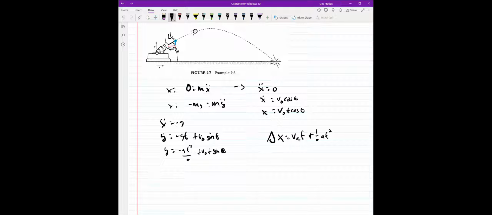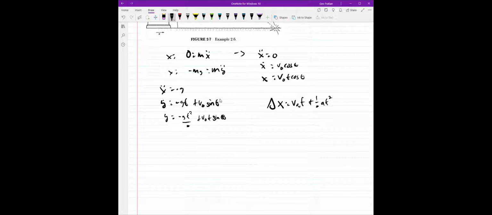You'll just notice this, and this is how it comes from. So we can now calculate the speed and total displacement as functions of time by noting that the velocity, or the magnitude of velocity, speed, is equal to the square root of x prime squared plus y prime squared, which is equal to the square root of v naught squared plus g squared t squared minus 2 v naught g t sine theta.